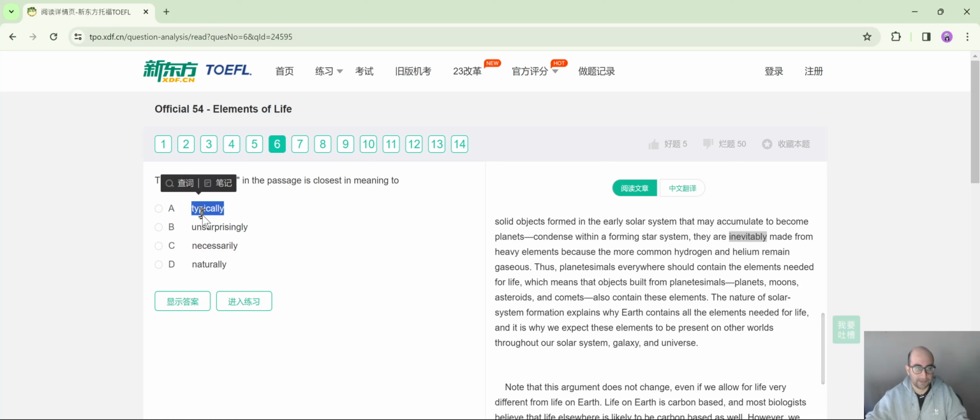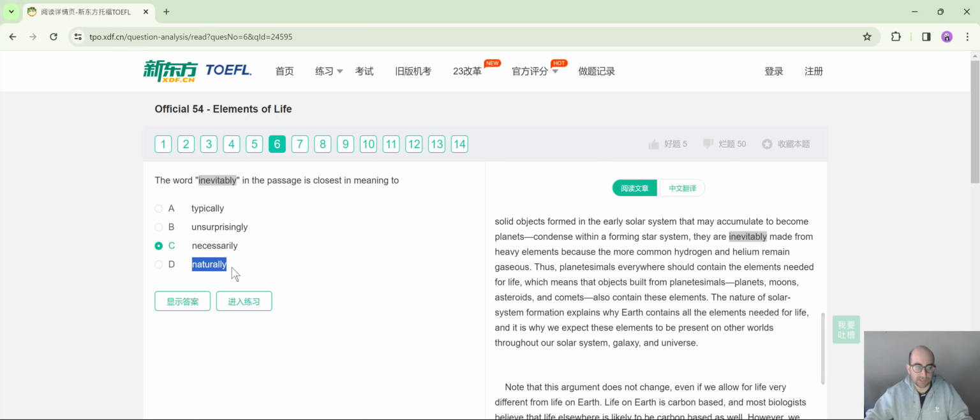So typically, no, that means normally, usually, no, this has to happen. So it's not A. Choice B, unsurprisingly, that doesn't make any sense. If something has to happen, it's unsurprising. No, that's not synonymous to this. It doesn't mean the same thing. Necessarily, well, if something's necessary, it's important. We could say it's needed, therefore it has to happen. So choice C looks good.